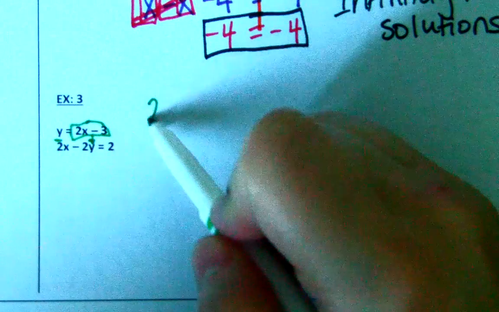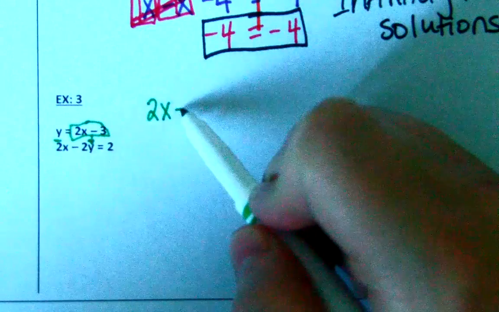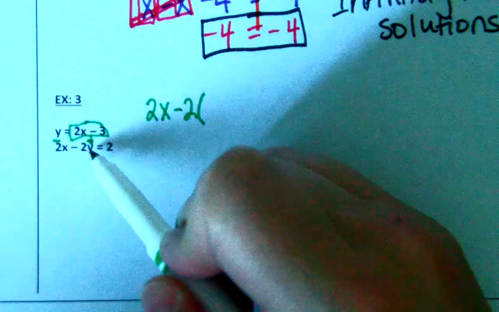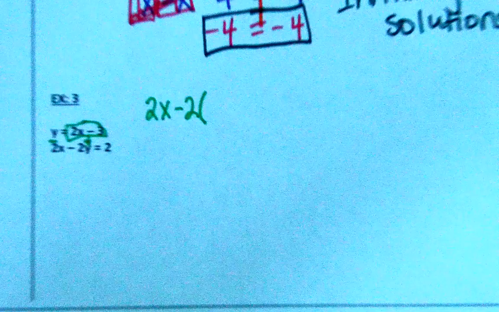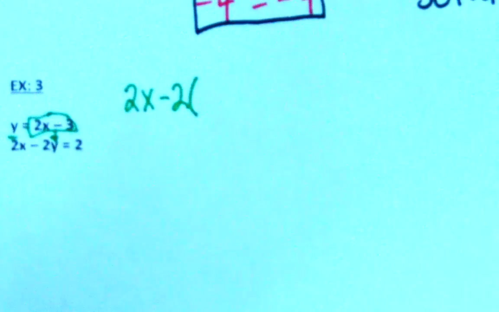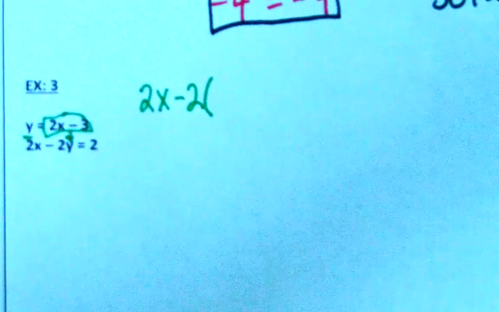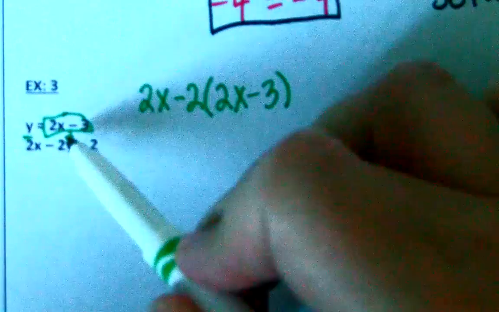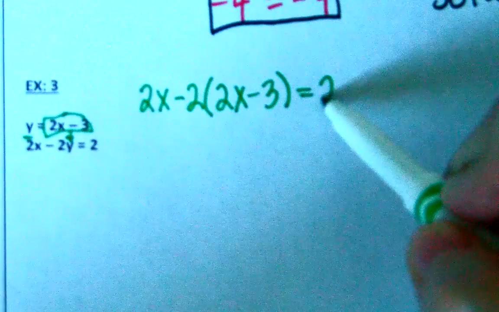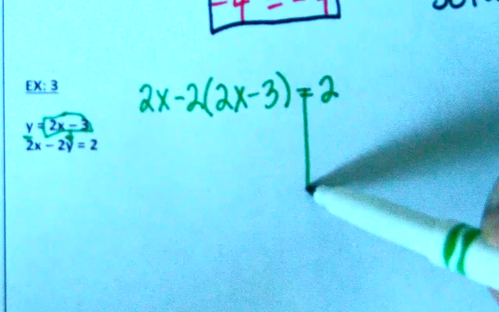So I'm going to have 2x and then minus 2 and then parentheses because I'm substituting in for y. Okay, and what I'm going to substitute in for y is 2x minus 3, close parentheses, and then it's going to equal 2. Now I'm just going to solve.